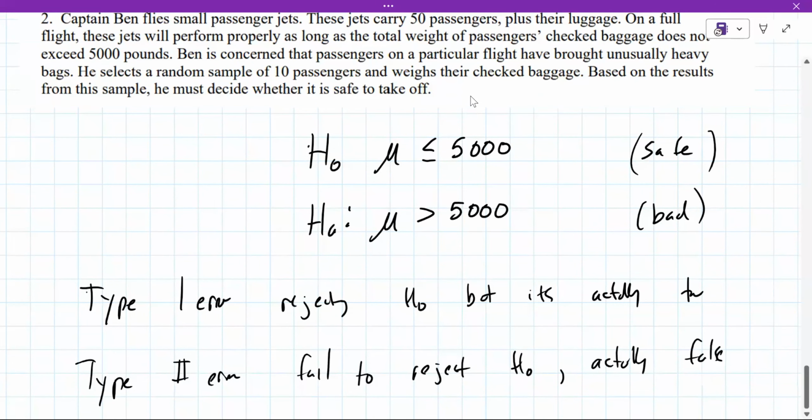But it actually is more than 5,000. What's the problem in that scenario? You think it's less than or equal to 5,000, but it's actually more than 5,000.